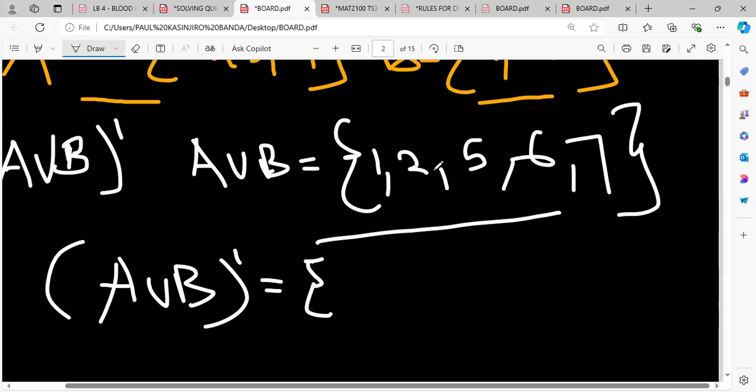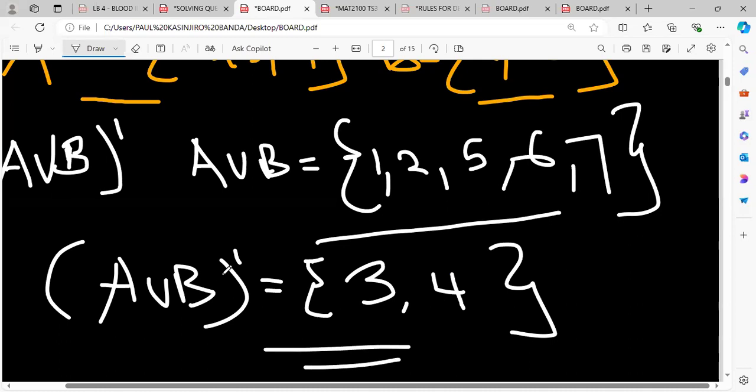So all the elements that are not in here, but they are in the universal set. I can see that we don't have a 3 here, so my 3 will sit in the complement, and even my 4 will sit in the complement there. So my set (A union B) complement is just 3 and 4.